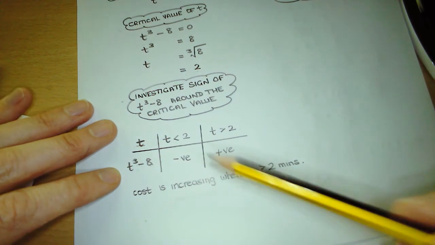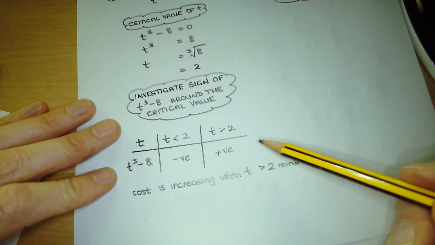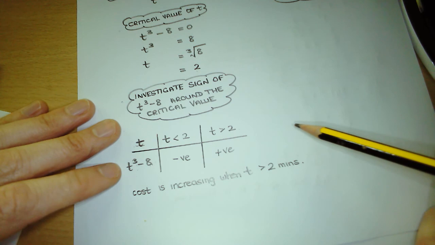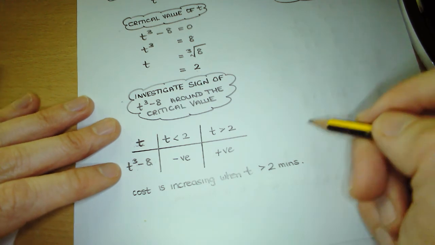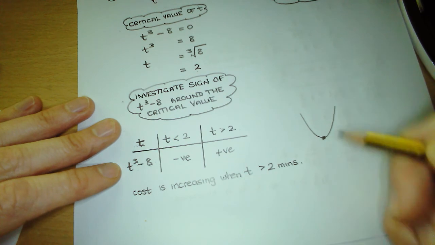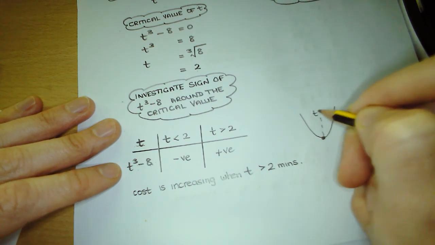It makes sense because if you think about it, in part A and in B, you were working out essentially the turning point and you were showing that C is a minimum. Remember, we were actually getting the minimum value of C, and we knew that the minimum value of C occurred when t was equal to 2.